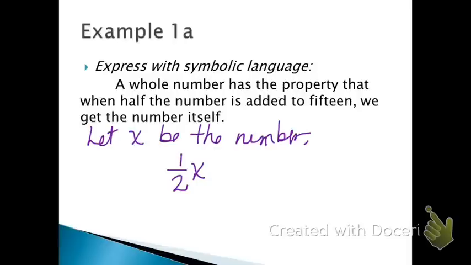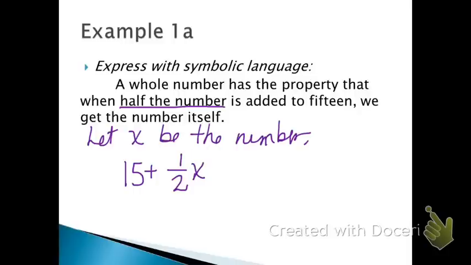So when half the number is added to 15, I want to add it to 15. I can put the 15 on either side. So half the number is added to 15. So that'd be 15 plus 1/2 x.